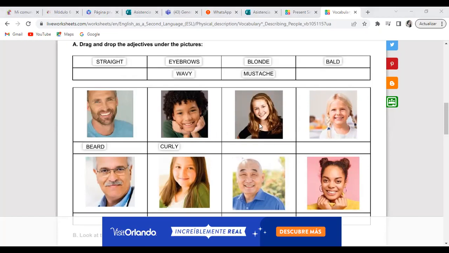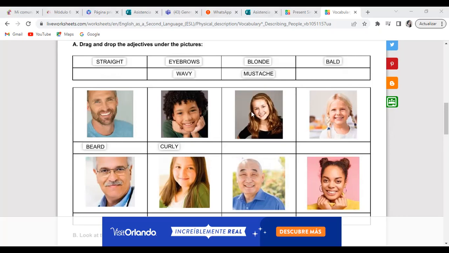And the girl over here, guys? The girl has... What can you tell me about this girl? The girl has wavy hair. Yes, very good.